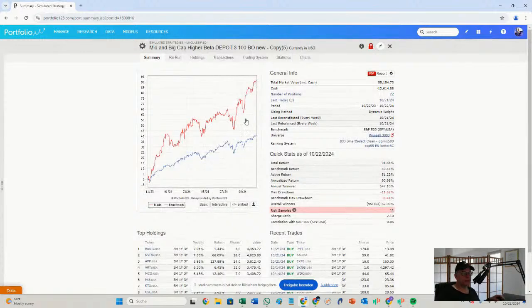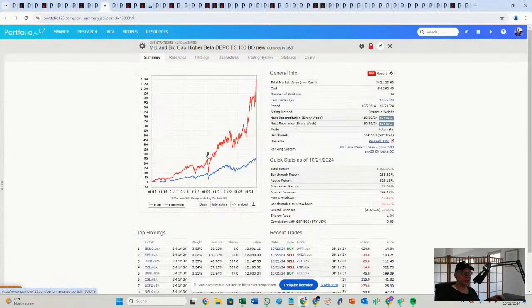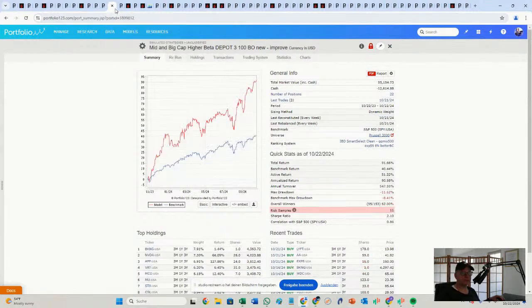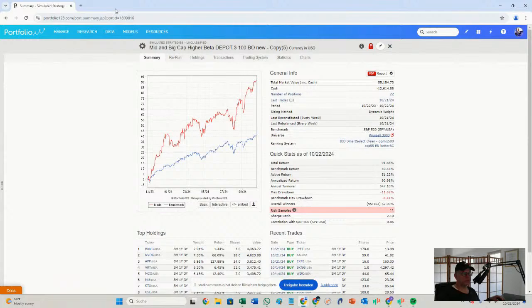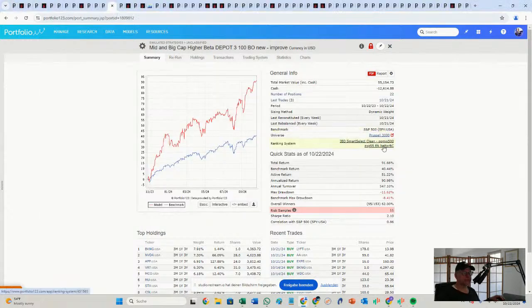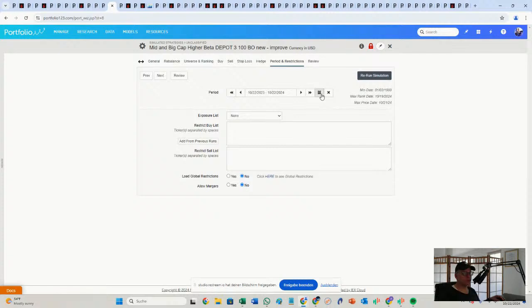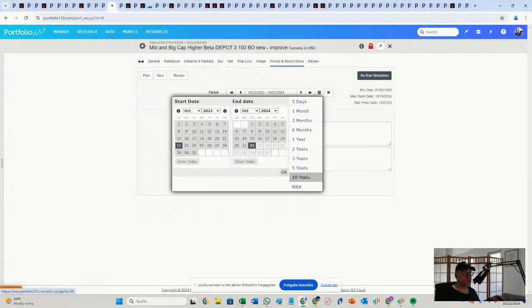I just wanted to compare both. So let's just see. I didn't rename. I didn't build a new one, so they look the same now. Yeah, but still, we improved it, or I improved it.